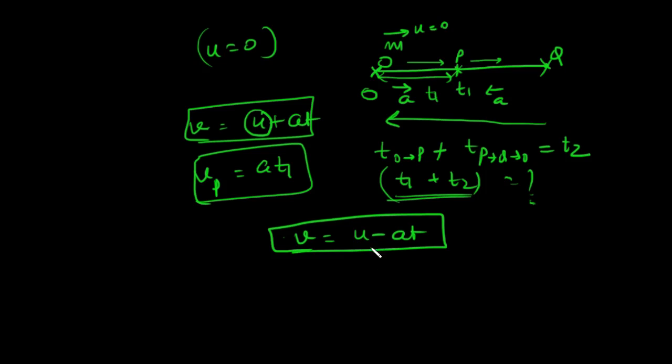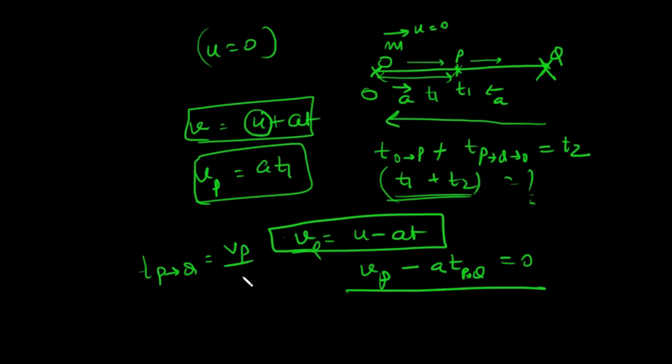U was Vp at P, minus A because A has changed direction, and T is the time from P to Q. This would give 0, because at Q the particle has stopped. That's why the velocity at Q would be 0. So the time from P to Q would be equal to Vp by A. What is Vp? This is A T1. This means this time is also T1.